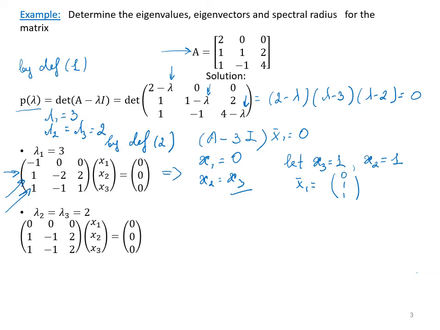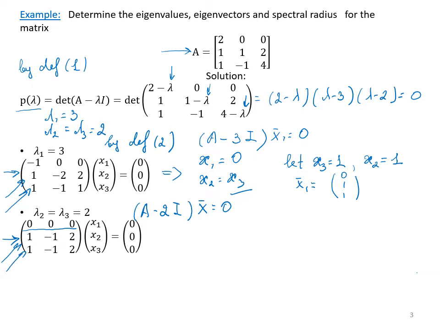Now let's consider the second case. Here we have a multiple root. And again, we should solve the vector matrix equation. Here A minus 2I times vector x equals 0. If we write it down explicitly, we can see that we have a zero row and again linearly dependent rows.